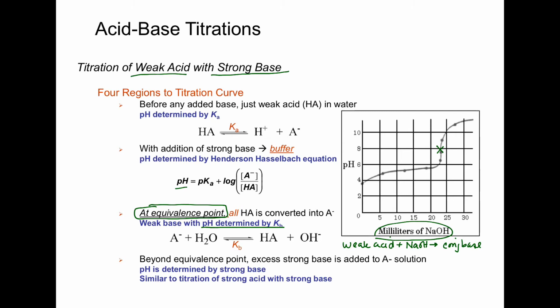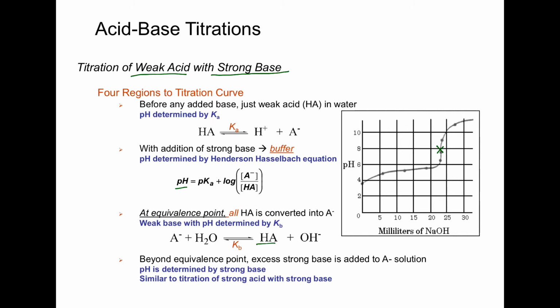At the equivalence point, these two things have neutralized each other completely. So the only thing that's left over is the conjugate base, and the pH is going to be based on the concentration of that conjugate base and how it reacts with the water around it. So if this is the conjugate base, the pH is governed by this reaction.